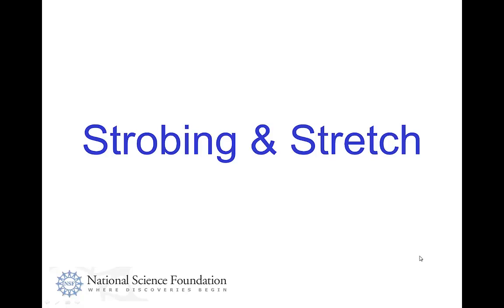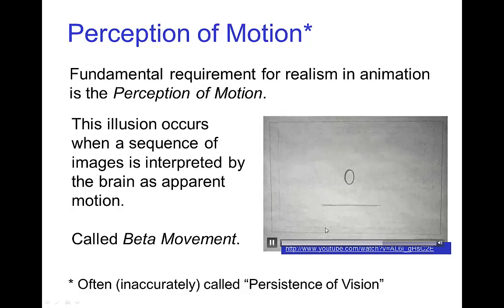Strobing and stretch. A fundamental requirement for realism in animation is the psychological effect of the perception of motion. This illusion occurs when the brain interprets a sequence of images as being the apparent motion of an object.